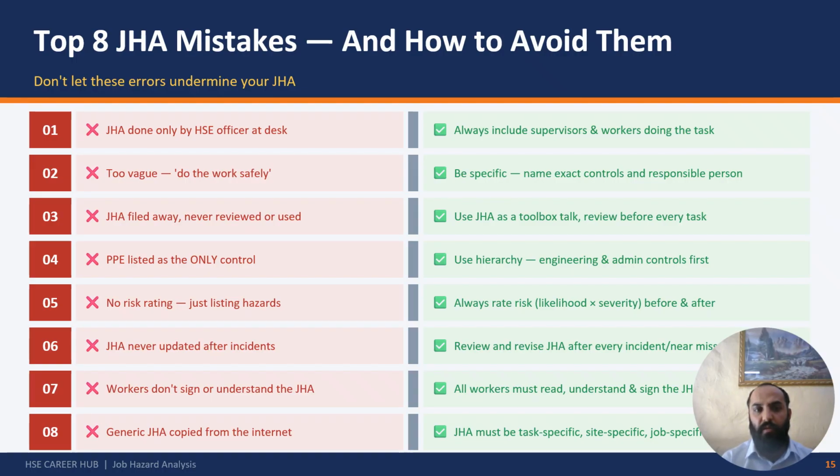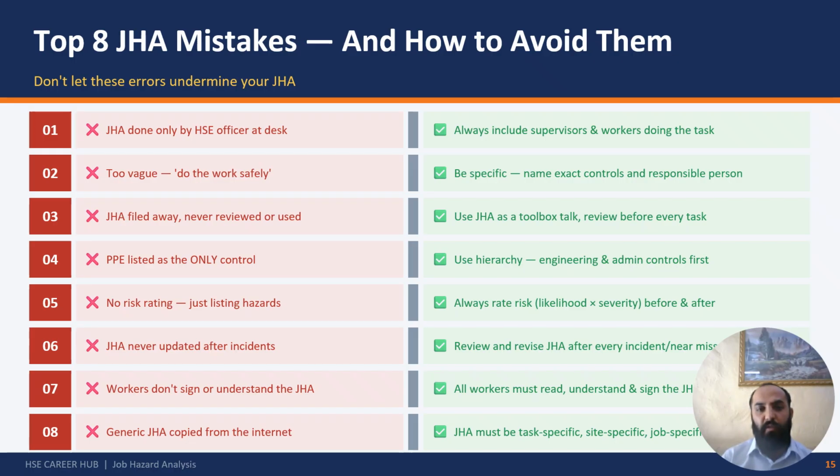So if there is a hazard of fall from height and the control is to wear a helmet, this is a big mistake. It should be the last option. Before that, we should bring other control measures to completely prevent this situation, fall from height.